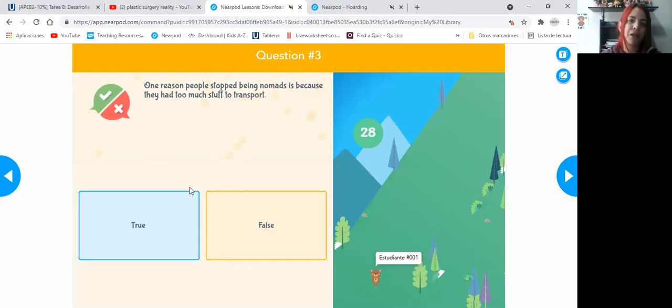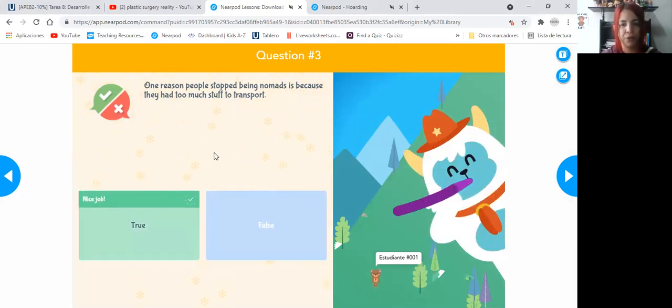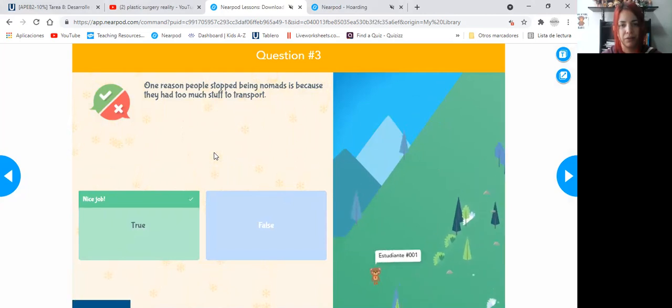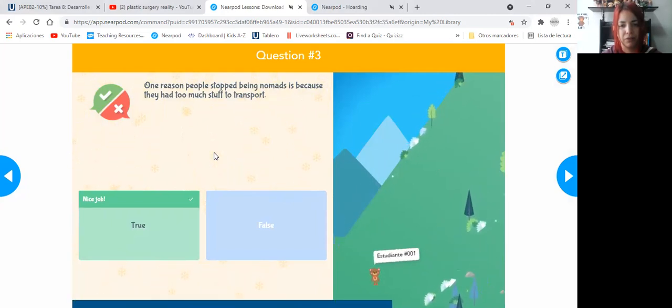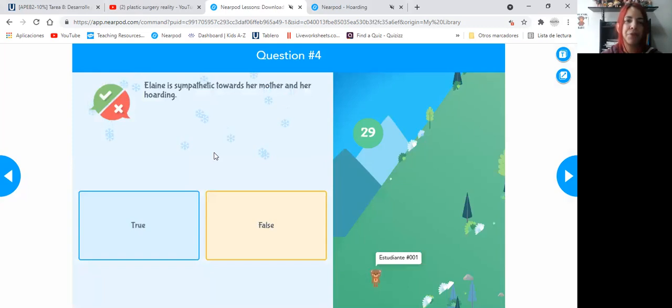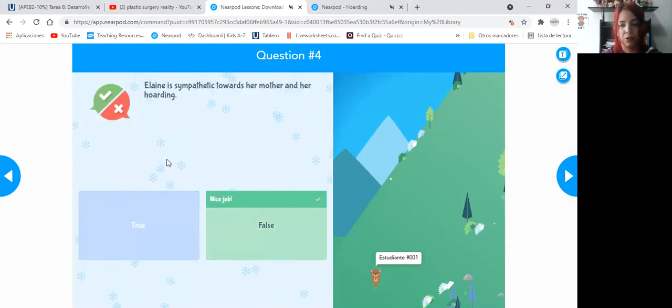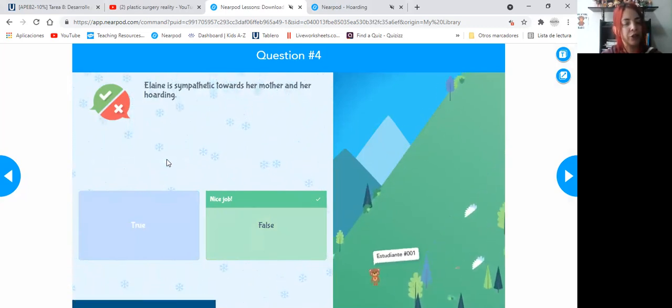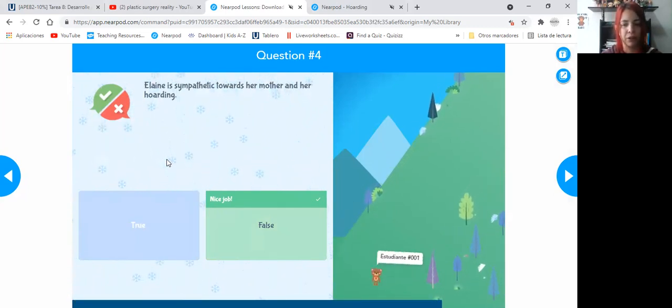One reason people stop being nomads is because they have too much stuff to transport. True, very good. Elaine is sympathetic towards her mother and her hoarding. False. That's right. She is tolerant. She's not sympathetic. Those are two different concepts.